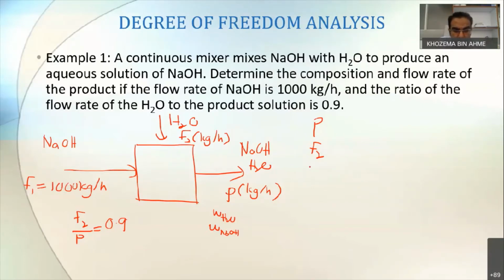W. W for what? Composition of product. Mass. WP. Just by looking at this flowchart, what value am I missing? Time. How can you find time?